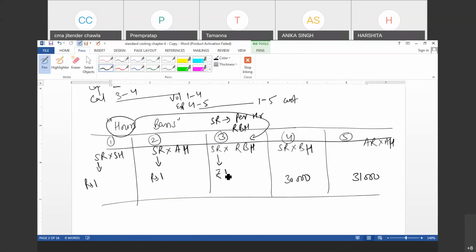Now, what are you required to calculate? You are required to calculate standard hours, or SH, for actual output.